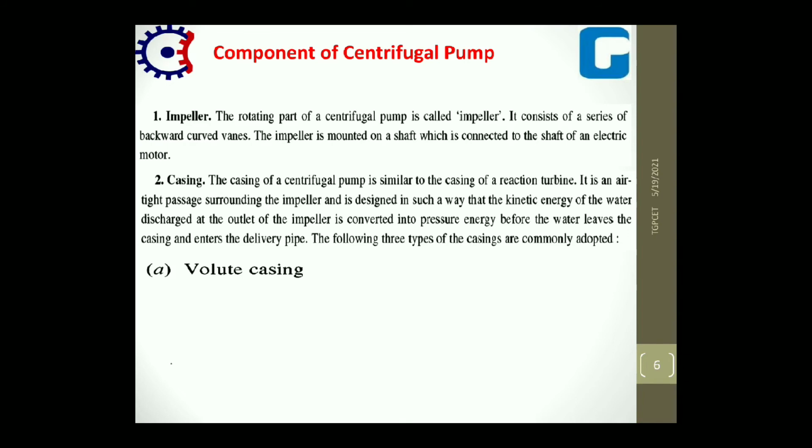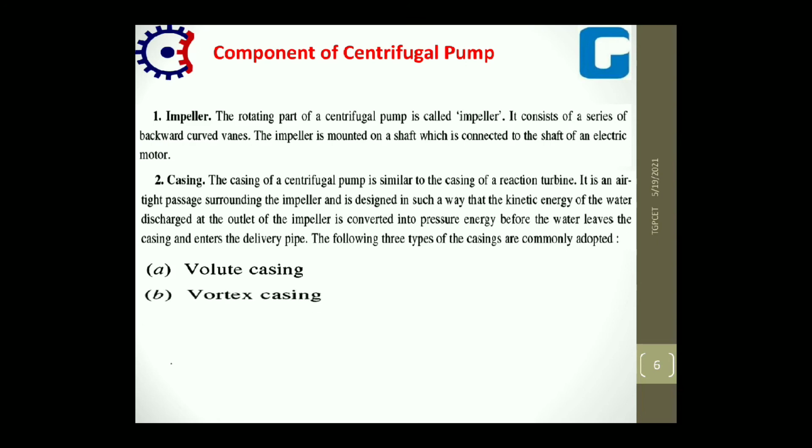The increase in area decreases the velocity of flow, and the decrease in velocity increases the pressure of the water flowing through the casing. It has been observed that in the case of volute casing, the efficiency of the pump increases only slightly, as a large amount of energy is lost due to the formation of eddies in this type of casing. Now second is our vortex casing.